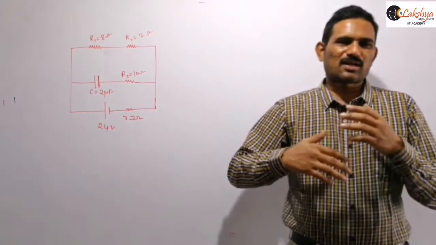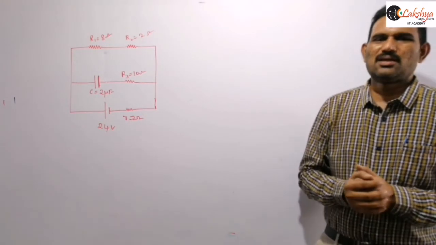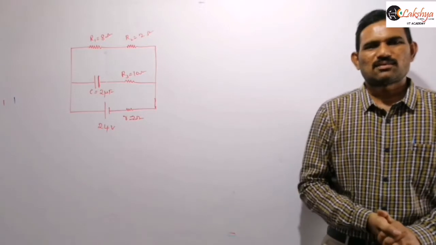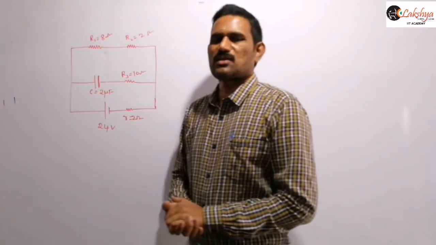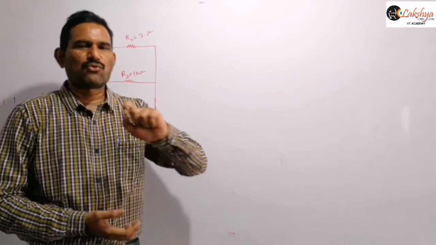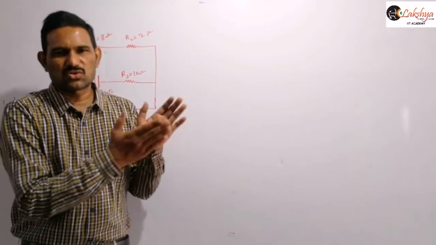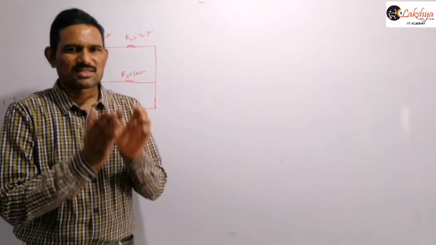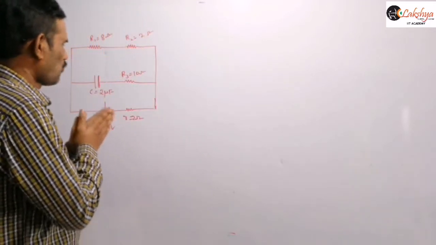That means after completion of charging of the capacitor, the circuit is said to be in steady state. Once the charging of the capacitor is completed, no current flows through that path, as we discussed already in the charging of the capacitor, because this capacitor is an open circuit actually.